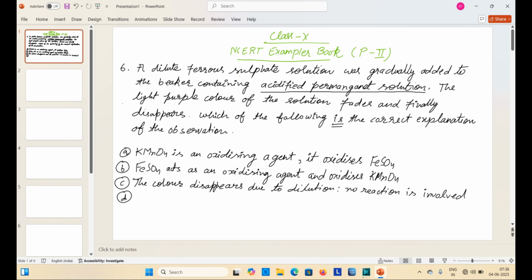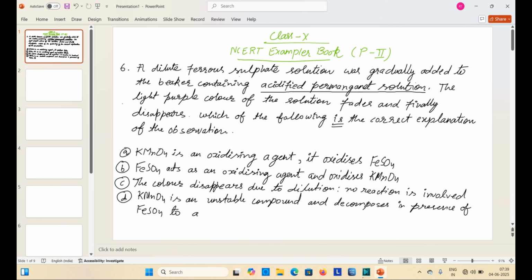And the D option is saying that KMnO4 is an unstable compound and decomposes in presence of FeSO4 to a colorless compound.